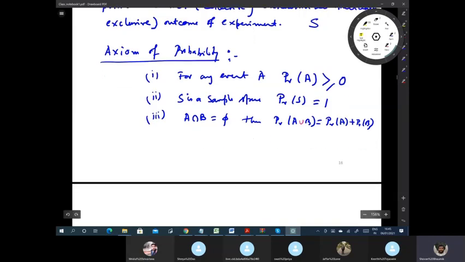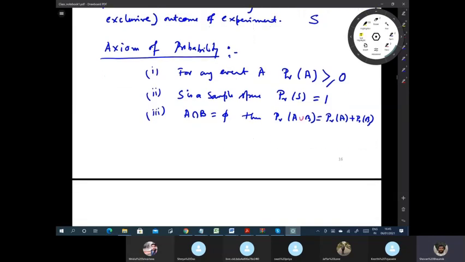Okay, so quickly I will state some theorems which are very easy to prove, just a one-line proof. The theorem is: probability of A bar is equal to 1 minus probability of A. It's a very simple theorem.